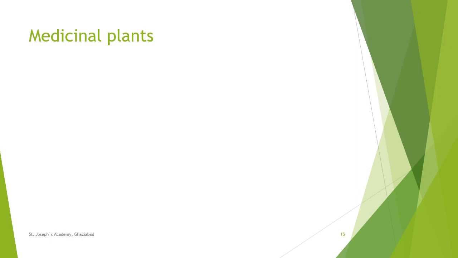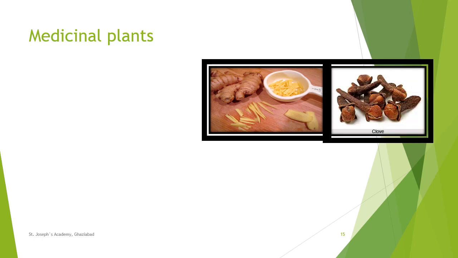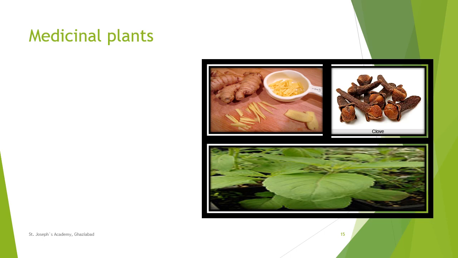Now we come to the medicinal plants. Plants are also useful to us in the medicinal way. You can see on the screen the picture of the ginger which we use in our day-to-day life. Second one is of the clove and third one is of the tulsi leaves which many of us may be having in our houses.